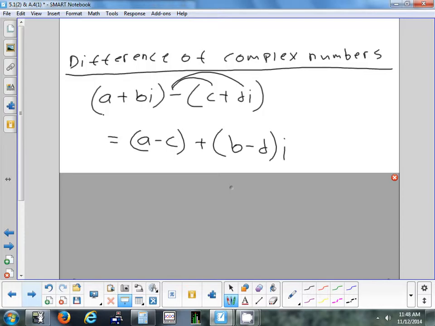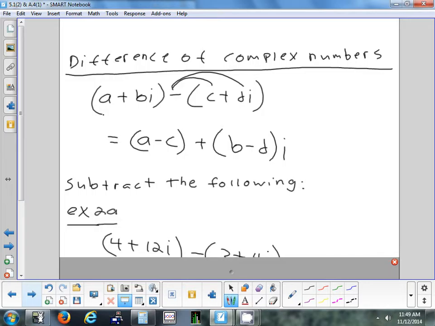So in this case, you'd do A minus C, and then B minus D, with an i at the end. But you're still combining like terms, just like we did before. Combine real parts with real parts and imaginaries with imaginaries.